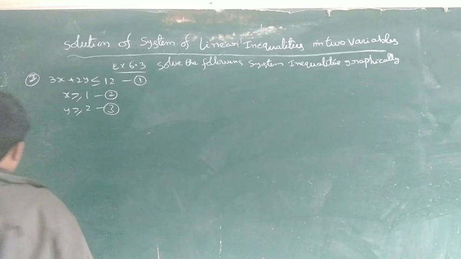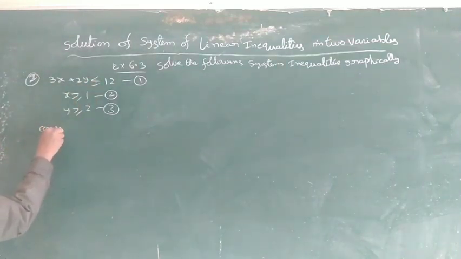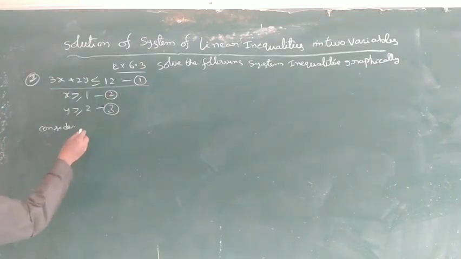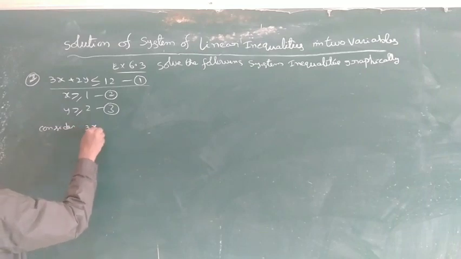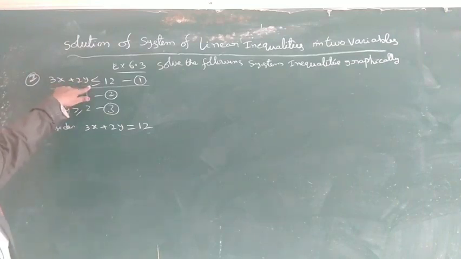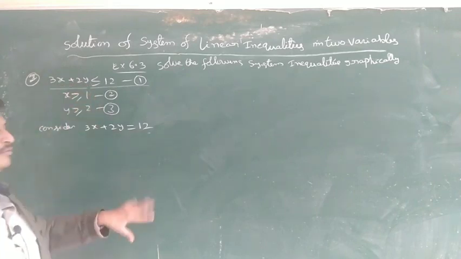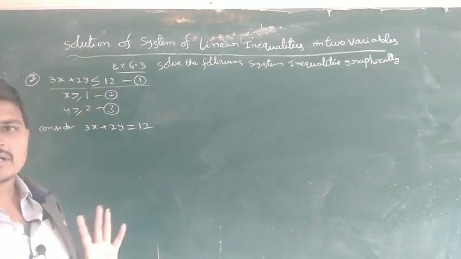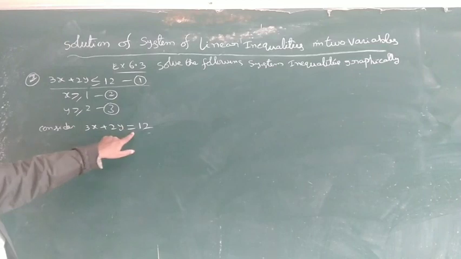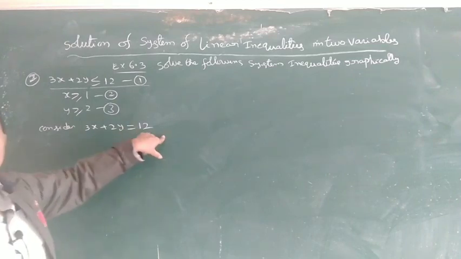So first, consider. First you have to write the given inequalities. Consider the first inequality, and take it as an equality, equal to 12. Whether less than or equal to, greater than or equal to, less than, or greater than is given, you take equal. Because you cannot solve inequalities, you can solve only equations. Exactly this equation is equal to 12. Less than 12 or greater than 12 means what?